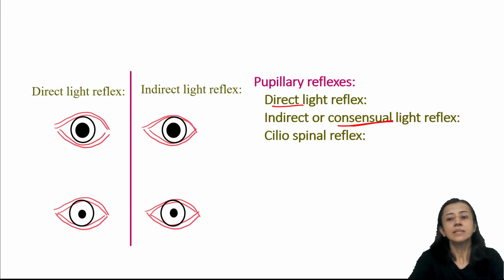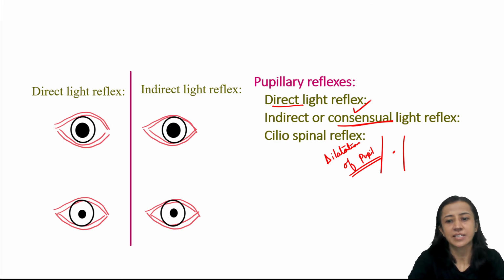Then ciliospinal reflex. When you give a pinch on the nape of the neck, you will find dilatation of the pupil because of sympathetic activity. Here there is dilatation, there is constriction in the other pupillary reflexes.